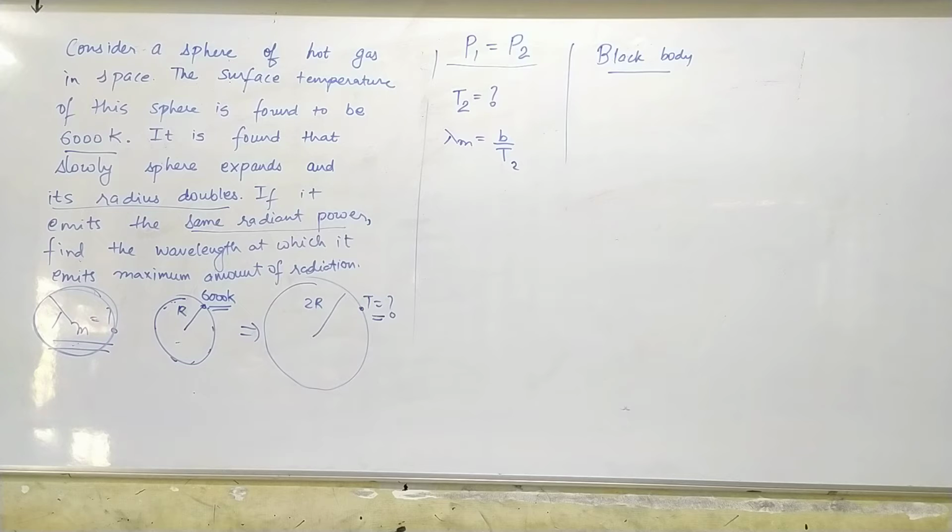4.2 Kelvin. Are you sure? From 6000 would it decrease all the way to 4.2? Rohan, I think you have made a little calculation mistake.